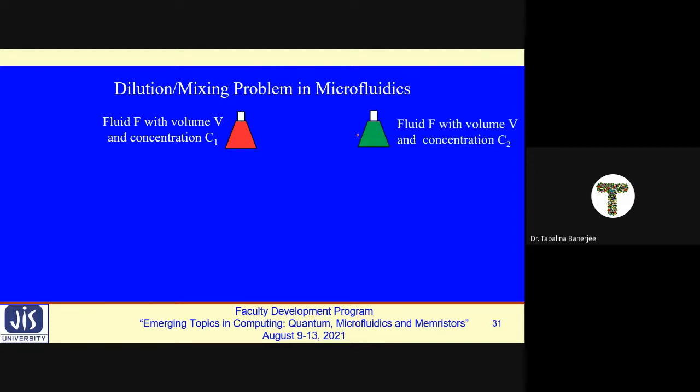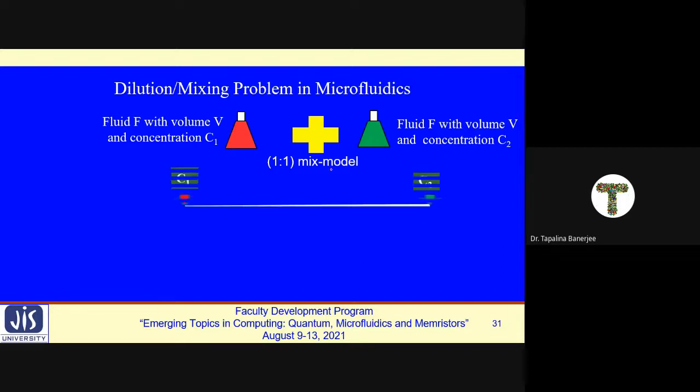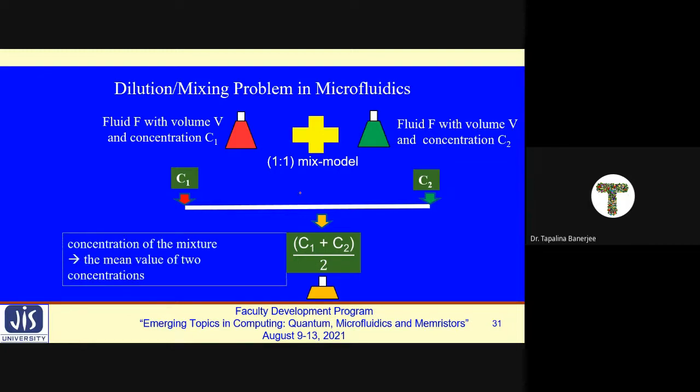Another fluid, the same fluid F with volume V but with another concentration C2. Fine. Now, if we want to make a 1:1 mix model, then what will be the outcome concentration of the fluid that is the resultant of the 1:1 mix model? It should be the mean value of the two concentrations.